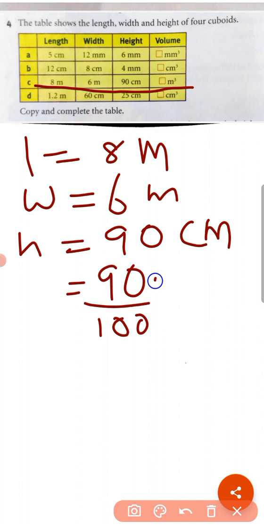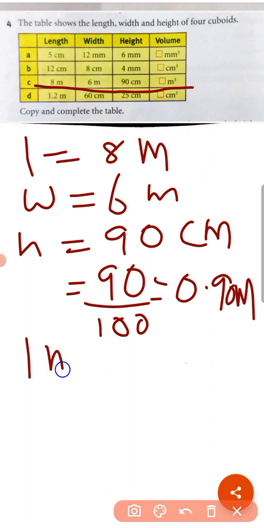First you change centimeter into meter. So 90 divided by 100, 0.90 meter, because 1 meter is equal to 100 centimeter. So to change centimeter into meter, we have to divide by 100.